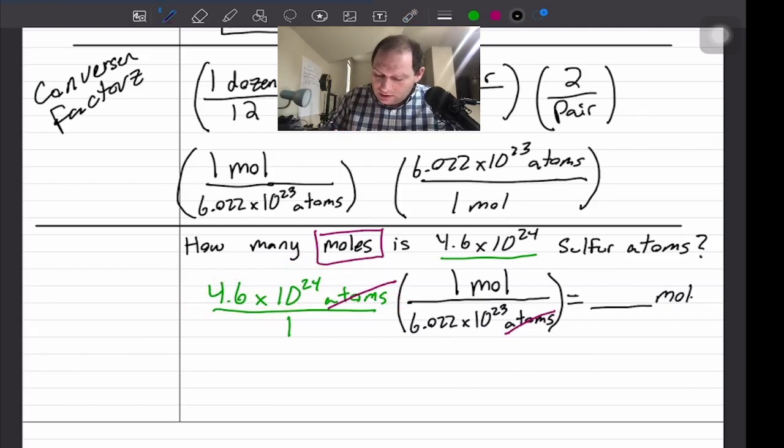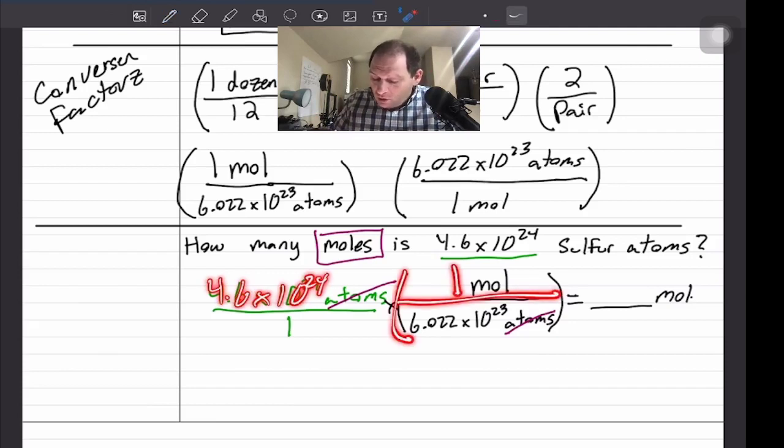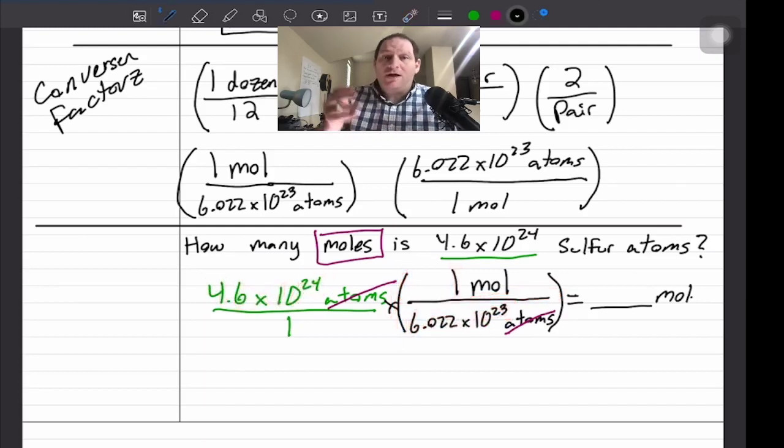If I multiply the number 4.6 times 10 to the 24th times 1 over 6.022 times 10 to the 23rd, and put that in Desmos, it will give me the answer of 7 point something. I can't do it on my iPad, but we'll say 7 moles. We'll round it up. 7 moles of sulfur.